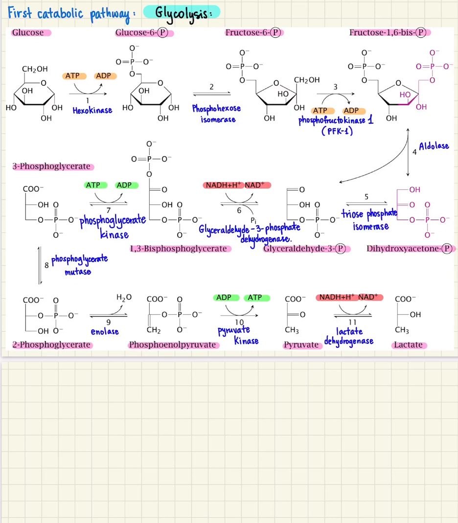Well, what's interesting here is that in the first few steps, we have a preparatory phase, meaning that we have to use ATP to form high energy intermediates later on, so that we can use those high energy intermediates to actually build ATP.